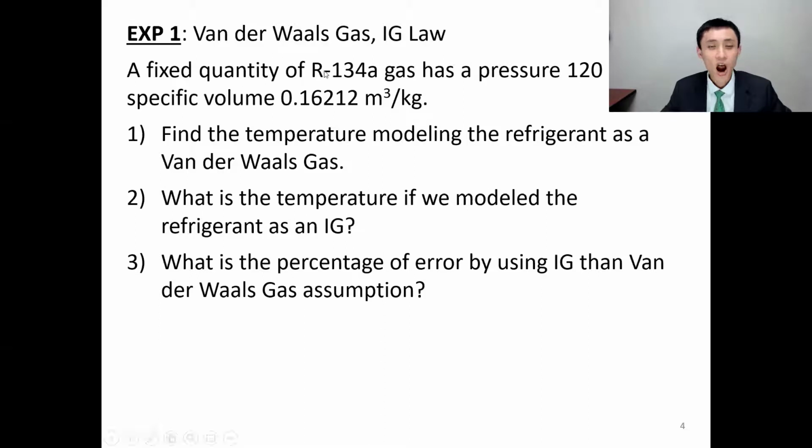For this R134A, we know it's in gas phase, and it has a pressure and a specific volume. They ask us to find the temperature by modeling with van der Waals gas law, and also find the temperature by modeling with ideal gas law. Then compare the percentage error using the two different methods. Let's take a look.